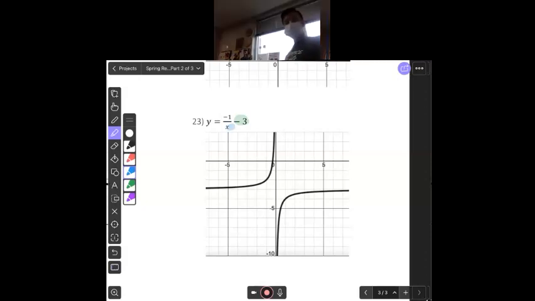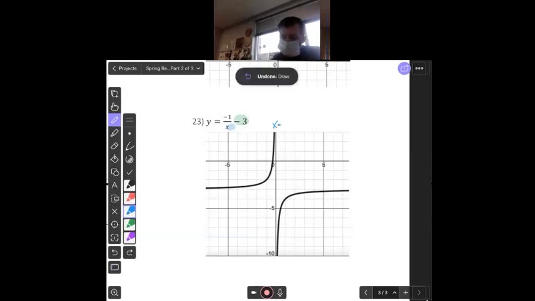So that vertical asymptote is at 0, so x equals 0, because there's no number there. If there had been a 5 there, then it would have been -5. If there had been a -2 there, then it would have been at +2. Because there's no number down there, it's at 0. And then the horizontal one is at -3.